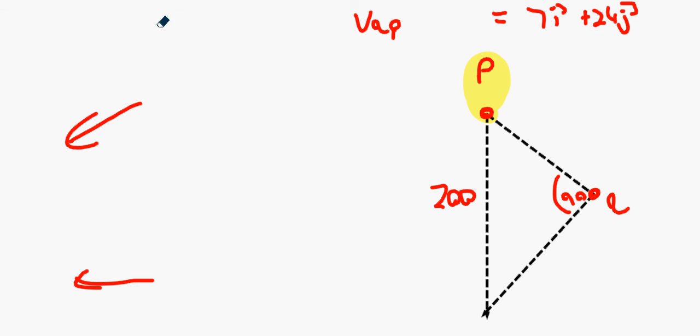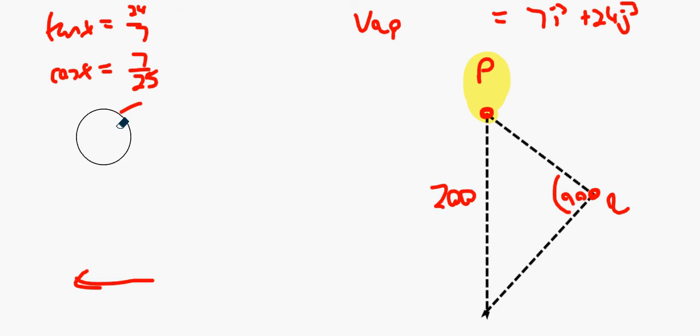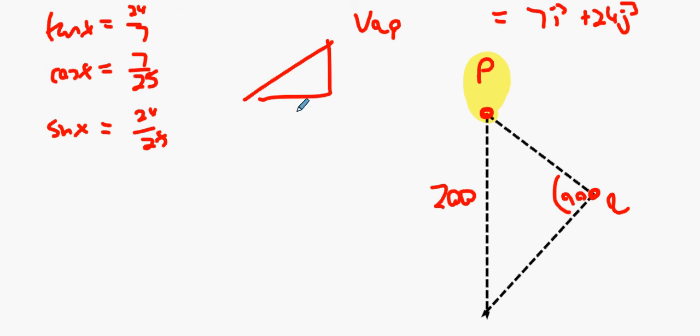We learned earlier that tan x is 24 over 7. That means cos x is 7 over 25, and then sine x will be 24 over 25.